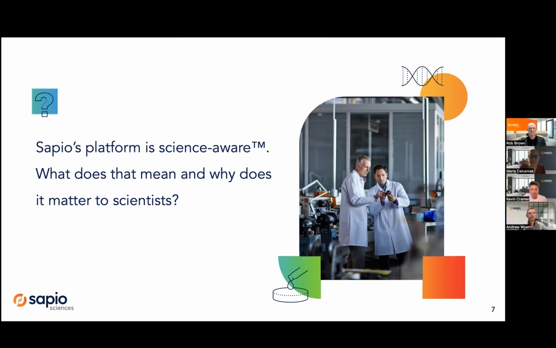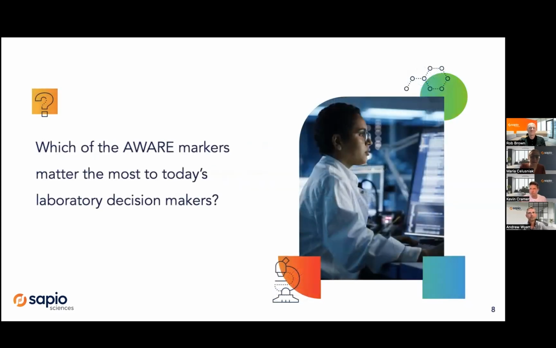Thanks for summarizing those, Kevin. So Rob, having been a scientist yourself, I'm curious which of those 5 markers you feel matter the most to today's laboratory decision makers. I think it's really all about the workflow, right? So if you're going to be productive in the lab, you're going to follow some very sophisticated lab workflows. But what you actually need from the software is to reduce the complexity of these, not just add to them.